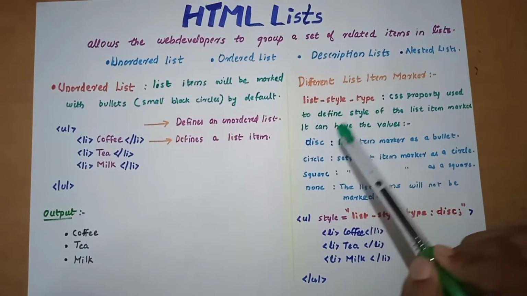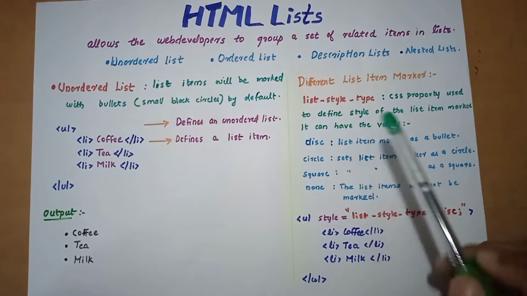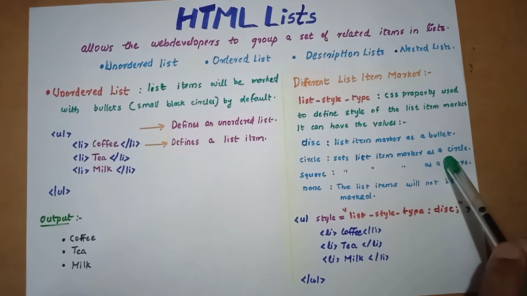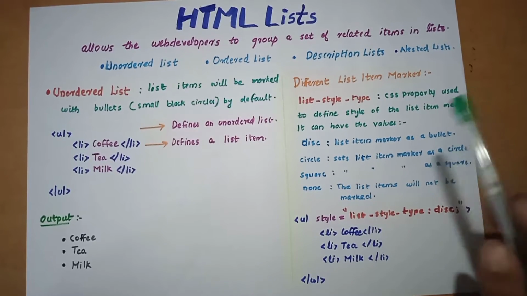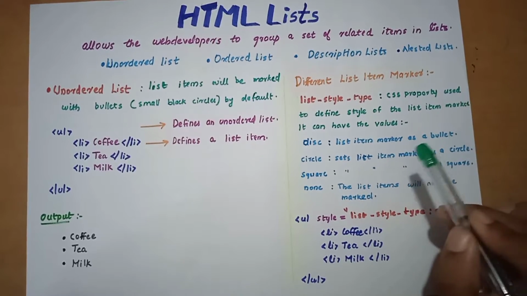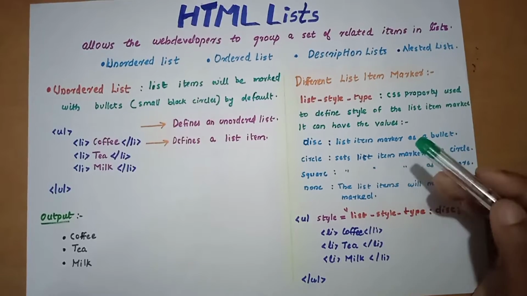Okay, so the next one is circle. Circle will list the items in circles. It will not be like a bullet, just the circle representation will be there on the web page.